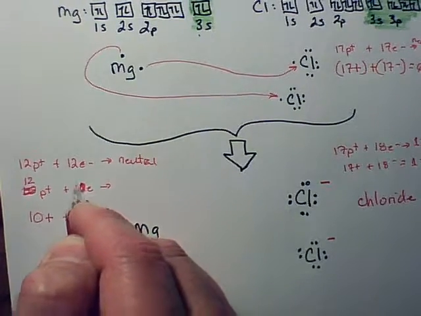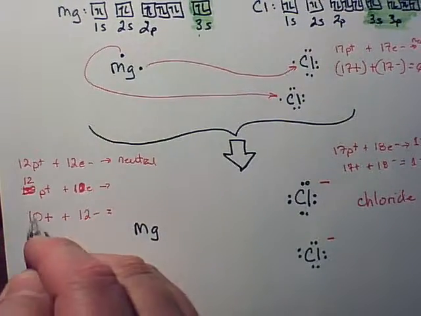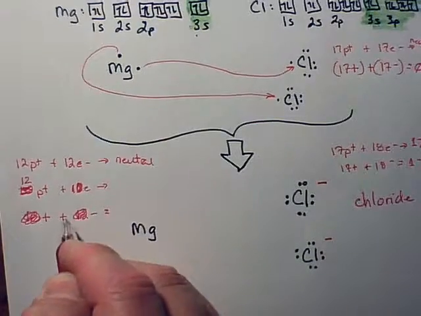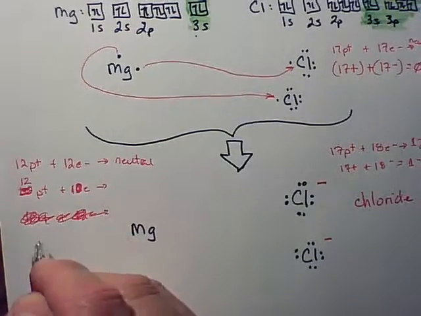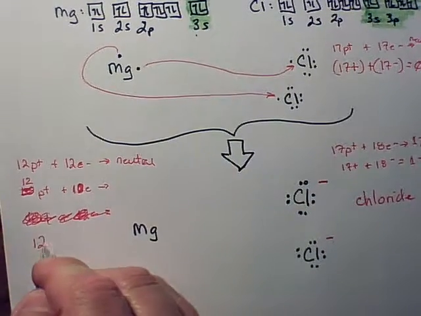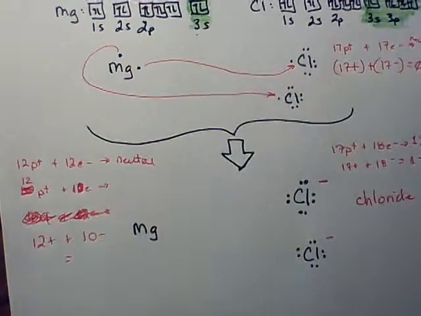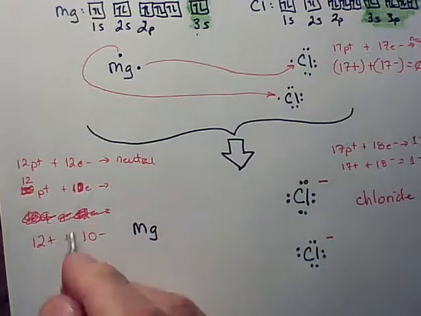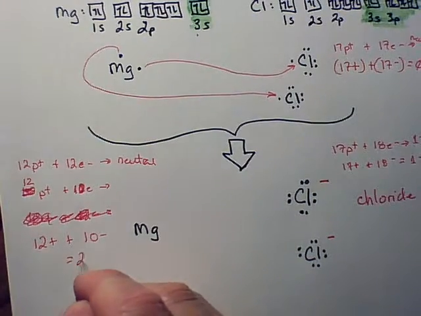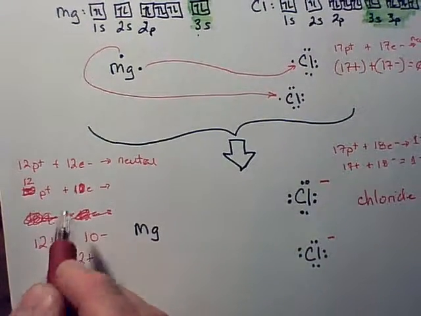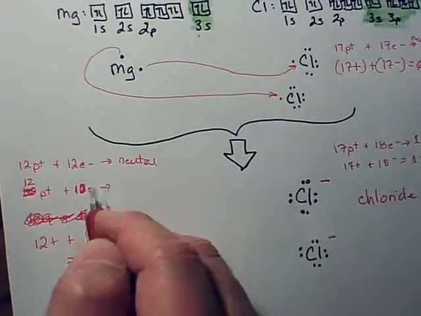Y'all didn't tell me I did the math wrong. Y'all got to pay attention here and help me out. I did the math wrong, didn't I? Let me do the math down here. Okay, so it's 12 positive charges and 10 negative charges. Okay, what does that come out to be? 2 positive, because I took away 2 electrons. I just didn't write it down right.